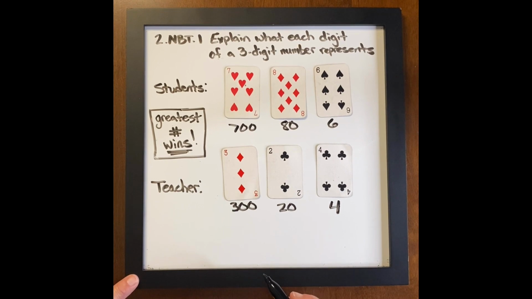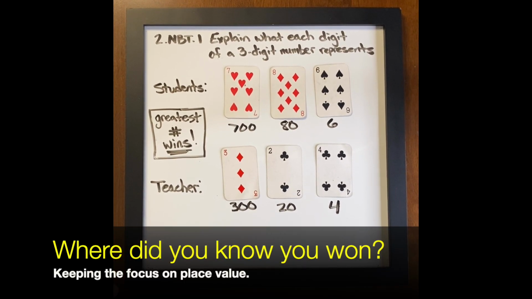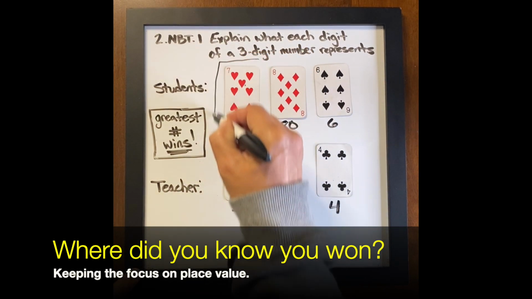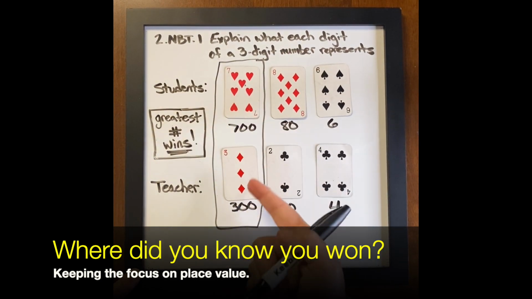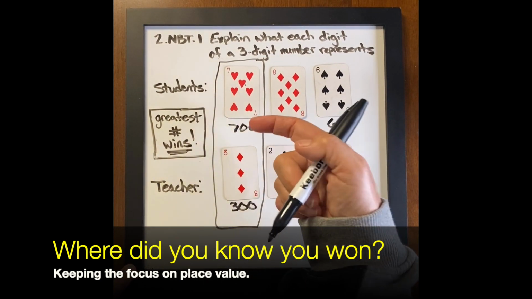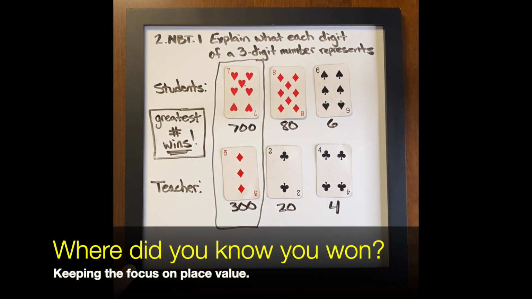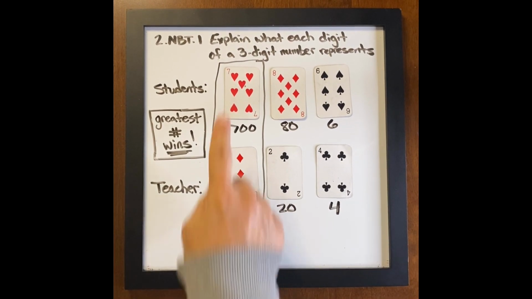I may also ask, in what place value did you know that you won this point? And they would say they won in the hundreds. That's where they knew exactly where that position was, where they won in this position, because 700 is greater than 300. All right, so a quick, fun way to practice explaining.